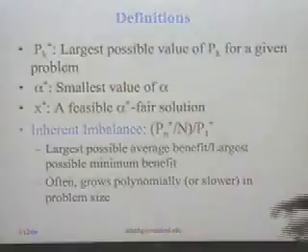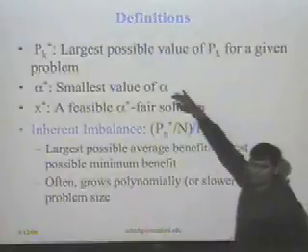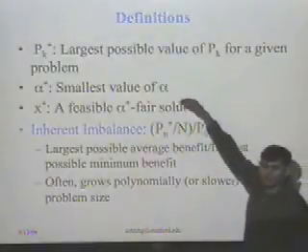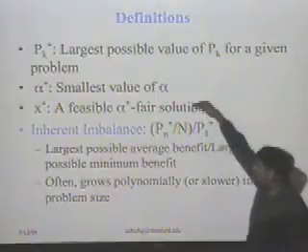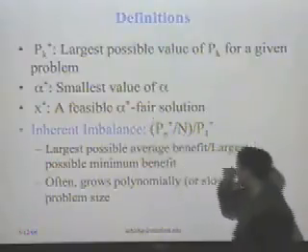So what is this x? Just to remind you, p_k star is the largest possible value of p_k for a given problem, and let alpha star be the smallest possible value of alpha, the best approximation ratio you can obtain, and let x star be a feasible alpha star fair solution.